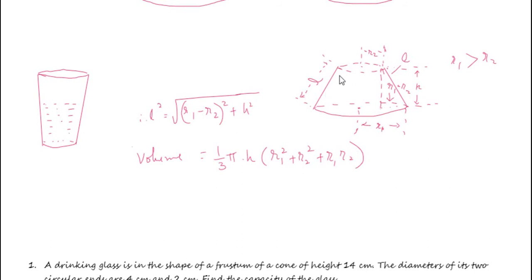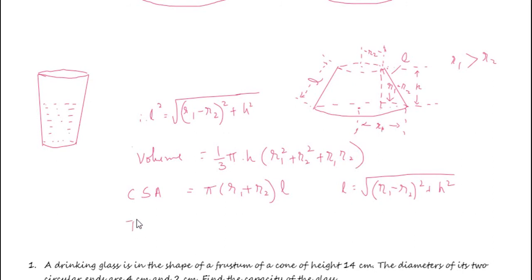Then the curved surface area, CSA, is equal to pi into (R1 plus R2) into L, where L equals the square root of (R1 minus R2) whole square plus h square.